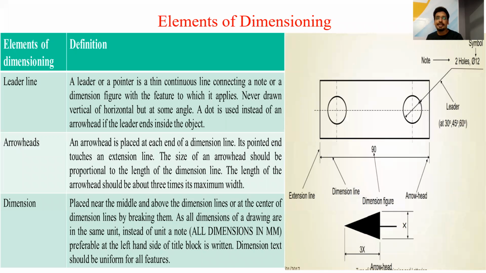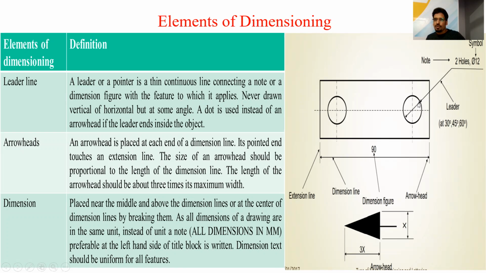Next is the leader line. A leader line is a line or a pointer which is drawn with a thin continuous line connecting a note or a dimension figure with the feature to which it applies. For example, I have to show the dimension of this hollow part. So how will I show it?